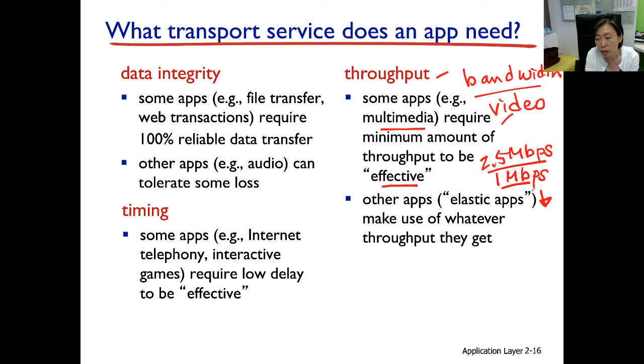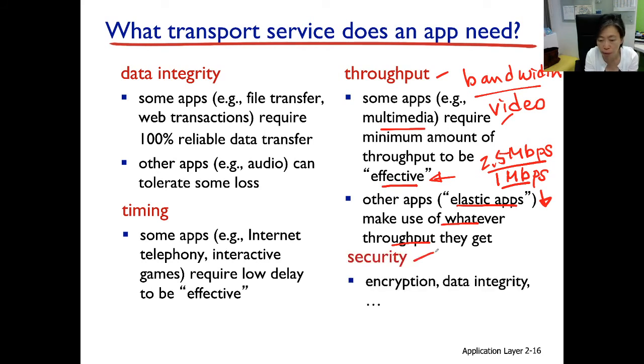So when you suddenly move to 4G, that video might not be effective at all, not satisfying at all. But other than videos, most of the other applications are elastic, meaning there's no strict requirement that you want to guarantee a certain network bandwidth. So they will just make use of whatever throughput they get.